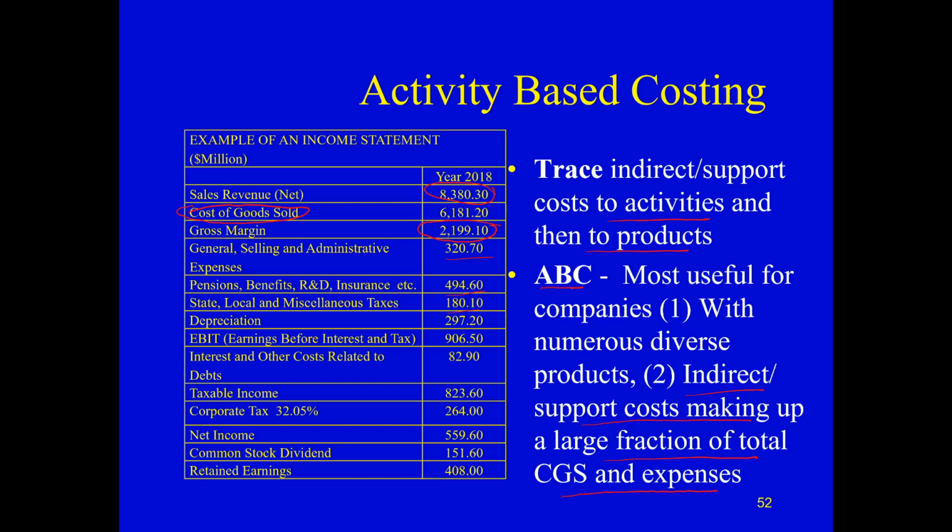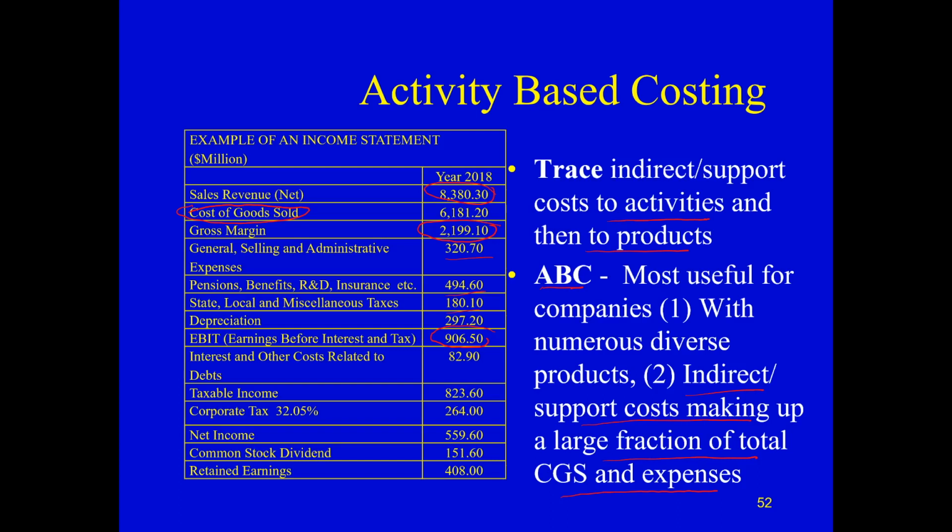Remember, when we were talking about depreciation, it is a charge against the revenue, so it is an expenditure. Then we have EBIT, earnings before interest and tax, which is the gross margin minus all these expenditures above.